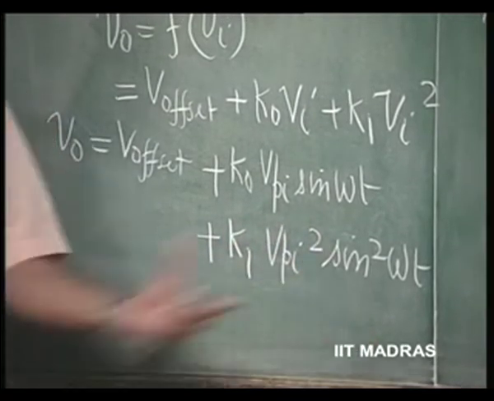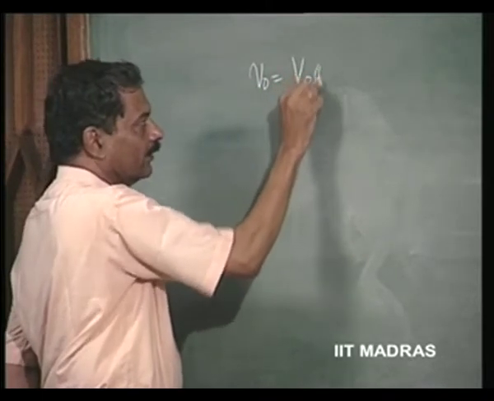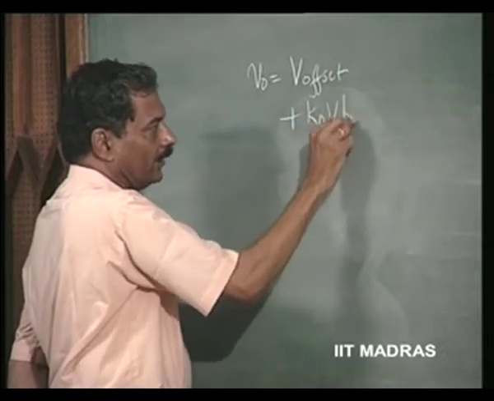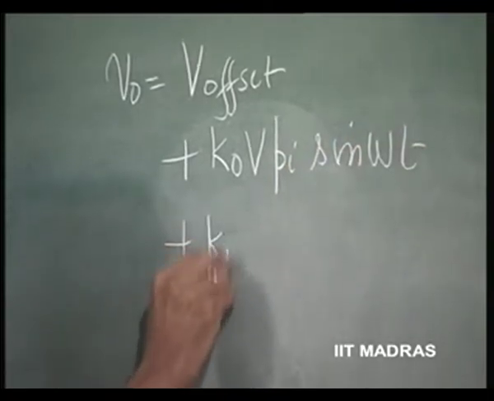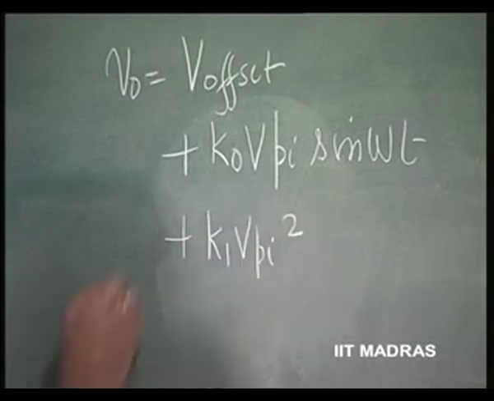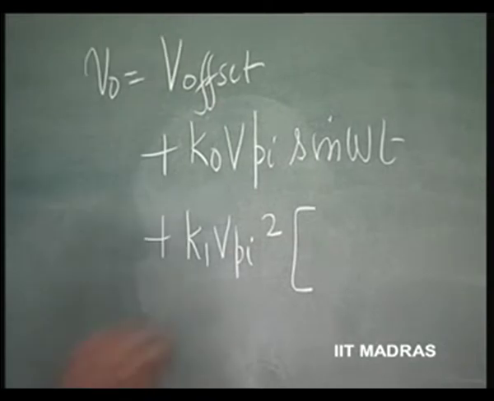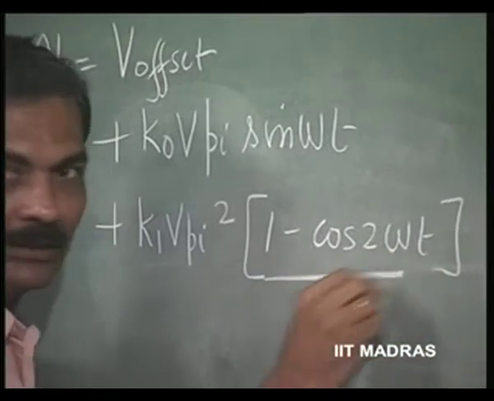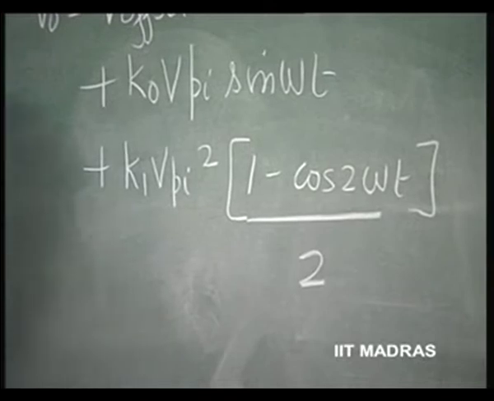What is it that we will see? We have therefore V naught equal to V offset plus K naught V p I sin omega t, which is a wanted component, plus K 1 V p I squared. Sin squared omega t can be written as 1 minus cos 2 omega t by 2. So, please note there are two things that are happening.